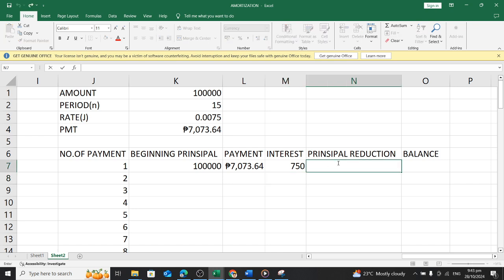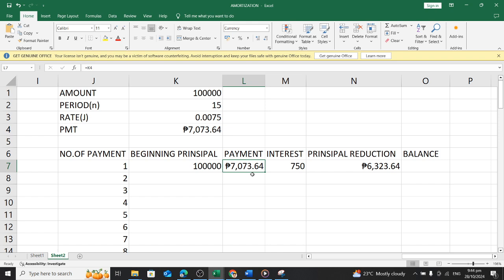How to get our principal reduction? To get our principal reduction, all you have to do is subtract the payment by our interest and then click equals. I forgot. Since this is a regular payment, later on we are going to write the dollar sign.